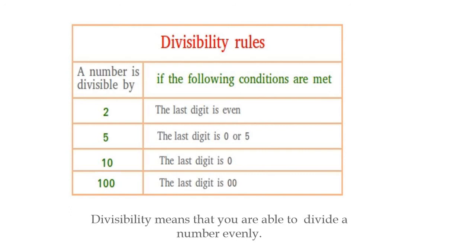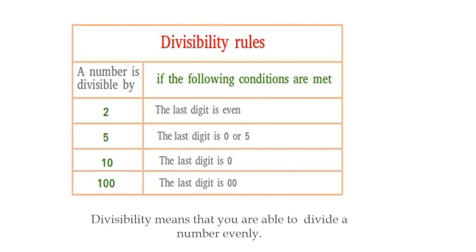So if you have a number and the last digit is even, we can divide it by 2, so it's a multiple of 2. For 5, if the last digit is 0 or 5, it will be a multiple of 5. Divisible means you can divide it into a number without leftovers.